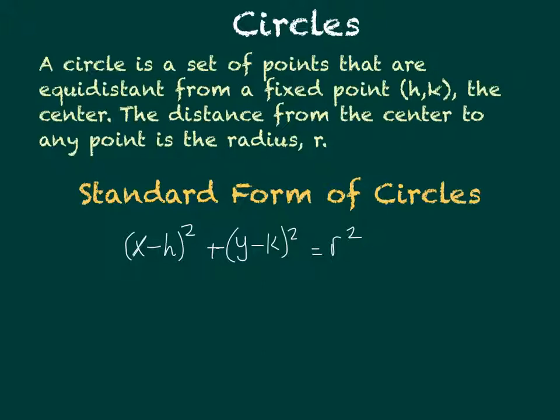Now we want to keep in mind that (h, k) is your center and r is the radius. So if we know this equation, then we should be able to graph and understand what a circle will look like.